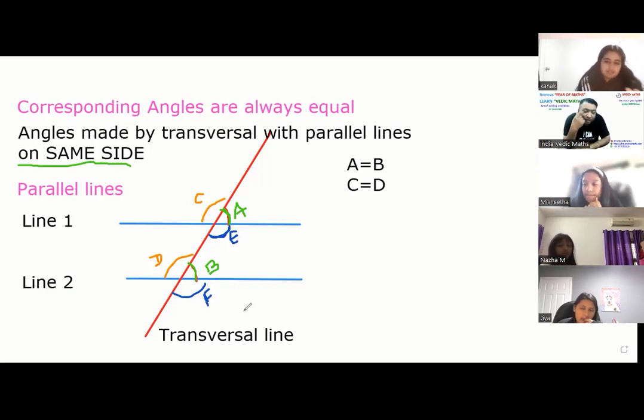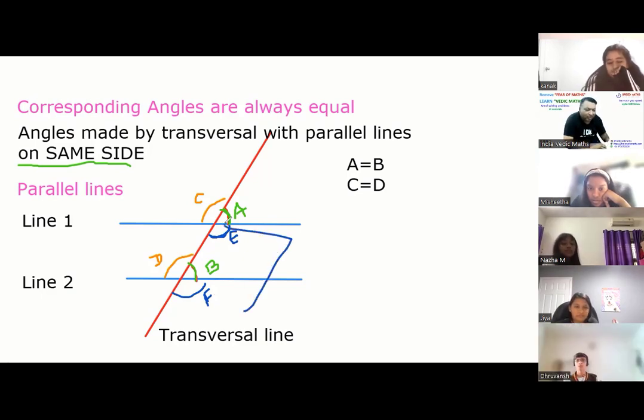They are, because they are on the same side, the right side, and both are under the line. Right, Kanak? So guys, they are corresponding because both are made by transversal with parallel line, and both are on the right side and below the blue line, correct?